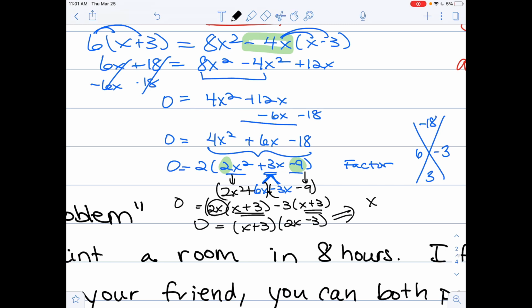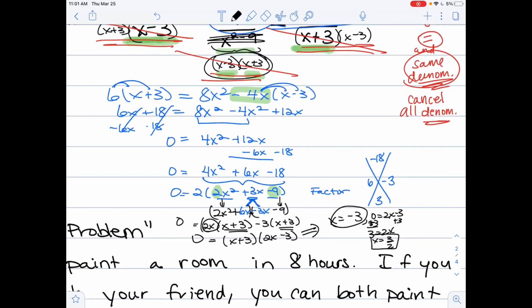Solve that, and we get x equals negative 3. And if I go 0 equals 2x minus 3, we end up with 3 equals 2x, so x equals 3 over 2. And those are our two values.